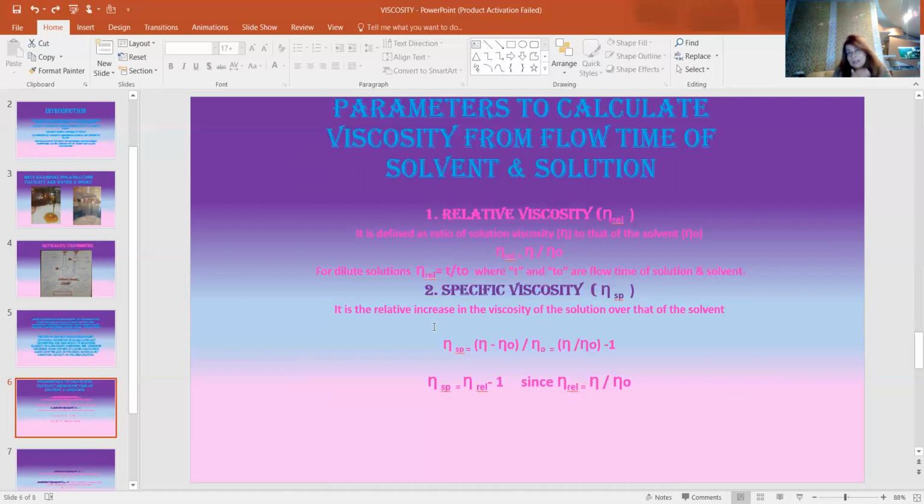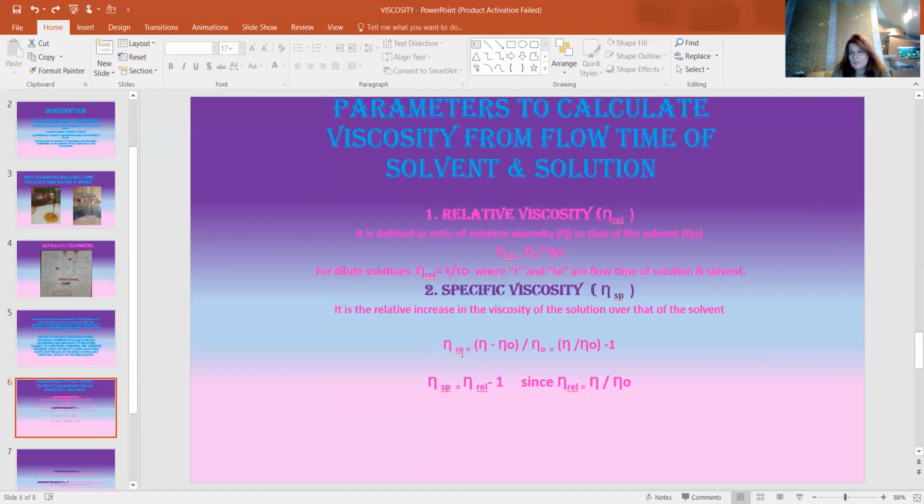Simply, it is the increase in the viscosity of the solution you are analyzing over that of the solvent from which you have made that solution, right? And you can find it with the help of this formula. I have formulated this formula for you people to understand.